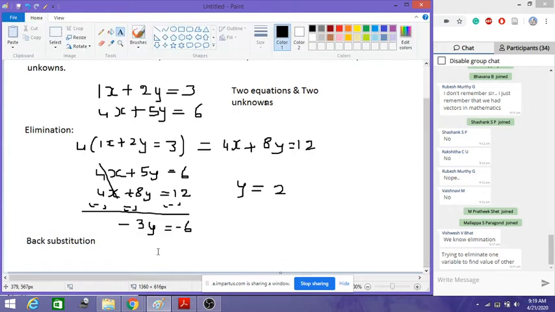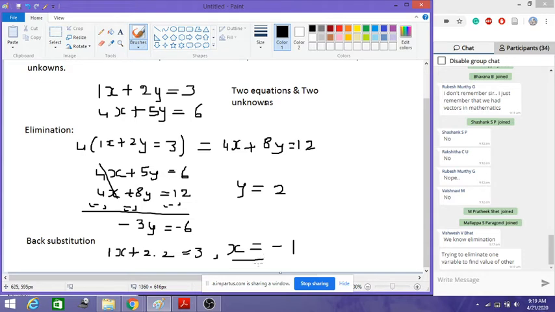Back substitution is nothing but in the first equation we are going to substitute the value of y. So then we have 1x plus 2 into 2 equal to 3. So then we will get the value of x is equal to minus 1.